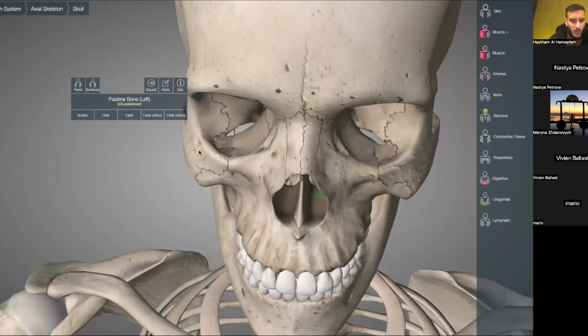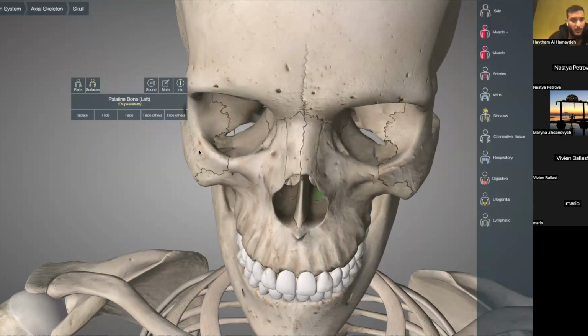Maxilla. Why do I have it in my head with the palatine?